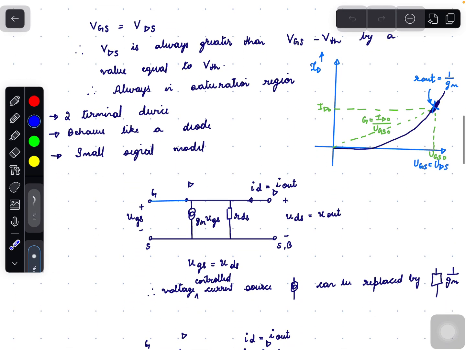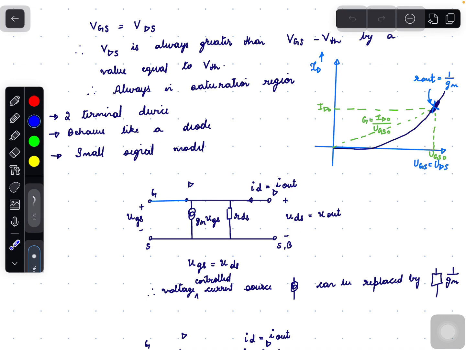Here is the small signal model of the NMOS diode. VGS is taken, the gate and drain are shorted. From drain to source there is gm times VGS and then rds, and then we have the diode current and VDS voltage.